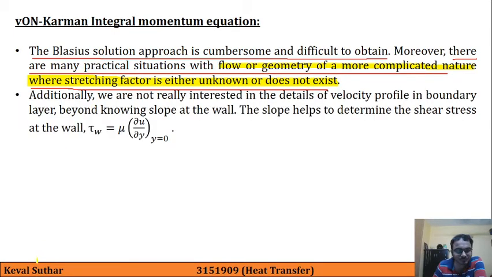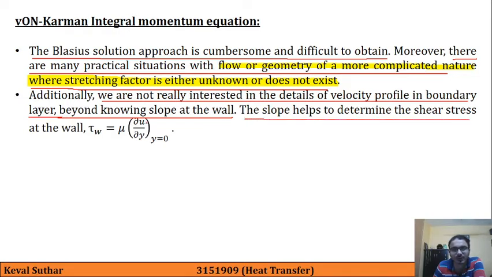Additionally, we are not really interested in details of velocity profile in boundary layer beyond knowing the slope at the wall. So we don't actually require the velocity profile in the boundary layer, because if we know the slope, then we can get many details out of that, because this slope helps to determine the value of shear stress at the wall, which is given by this formula.